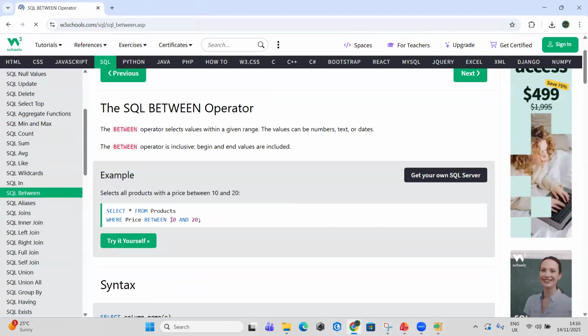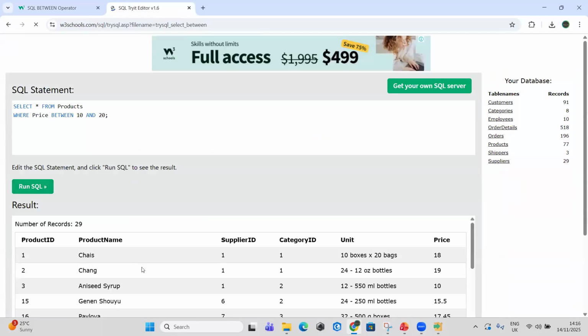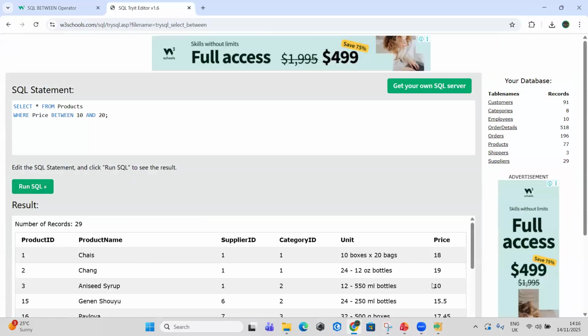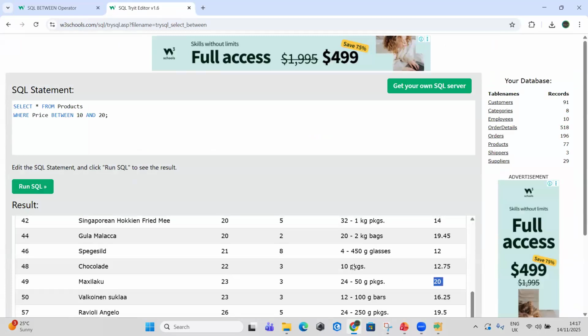So do you think in BETWEEN the prices 10 and 20 will also be included? I don't think so. It is included, 10 as well as 20.